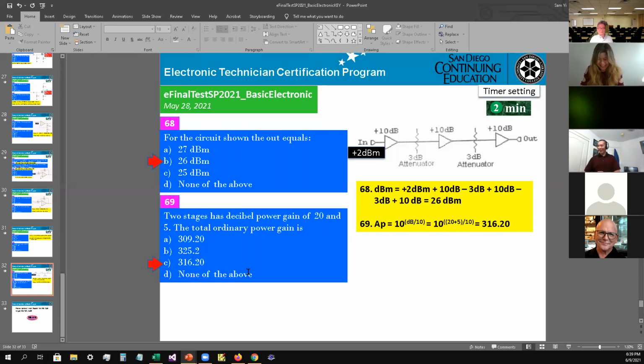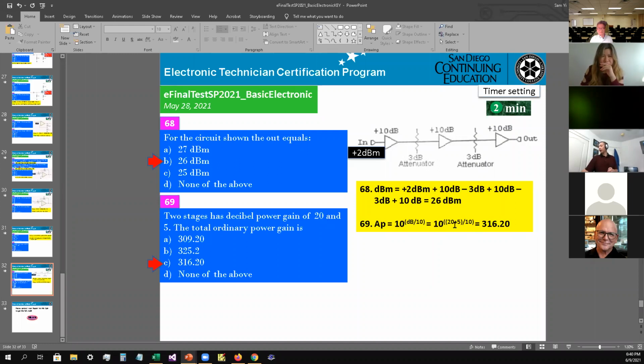69, 2 stages has decibel power gain of 20 and 5. The total ordinary power gain is AP, the ordinary gain, equal to 10 raised to the quantity dB divided by 10. So dB is going to be 20 and 5, so 20 plus 5, 25, divided by 10.